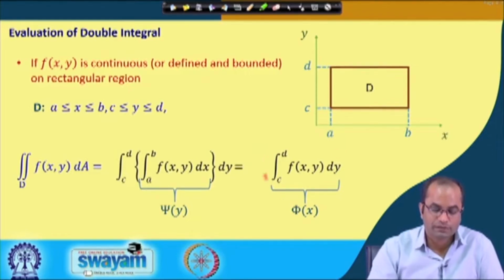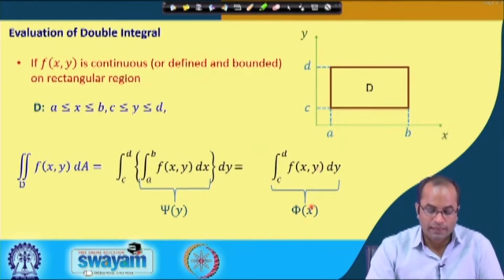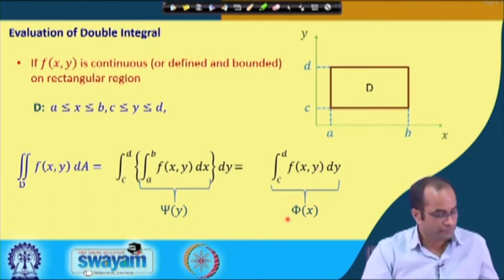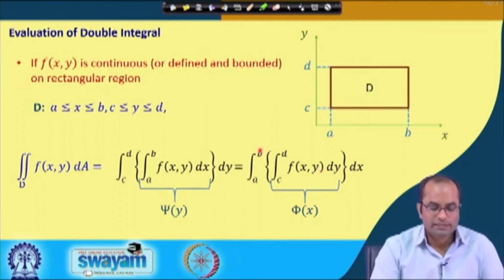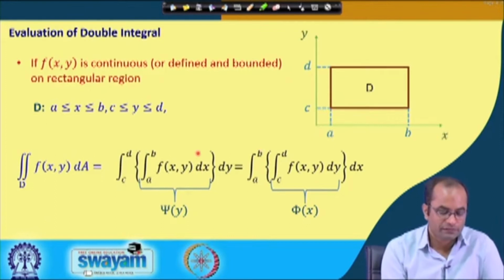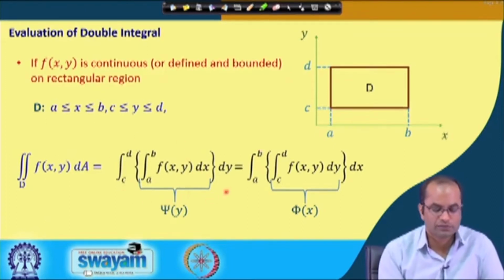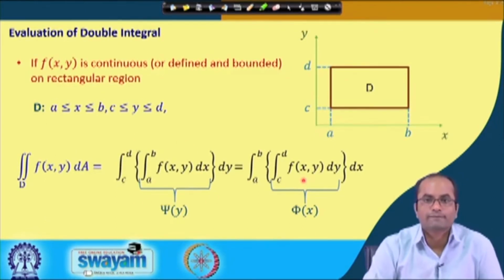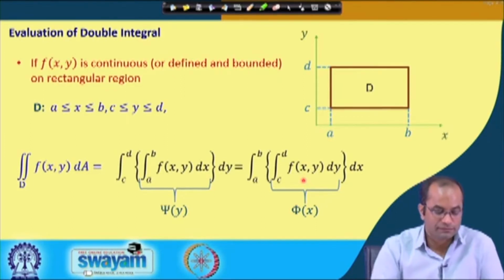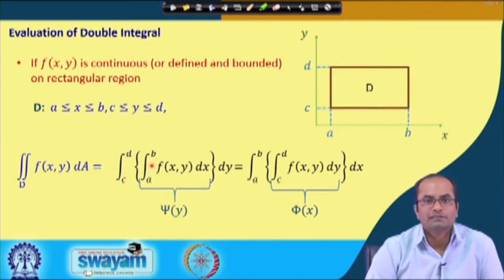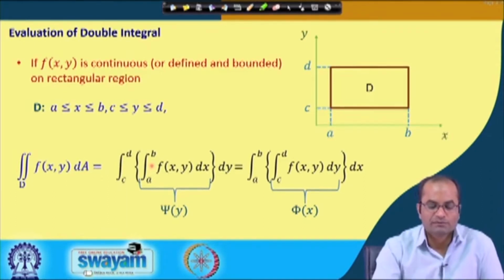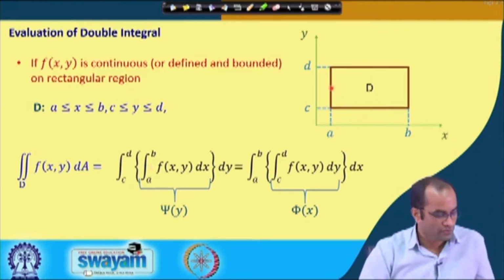This will be a function of x after the integration, a function of one variable, and we can now integrate over x, varying from a to b. In this case it does not matter whether we first compute with respect to x and then y, or first y and then x, for such a domain. Getting the limits is also much easier here, but this is not always the case because we do not have such a nice domain all the time.